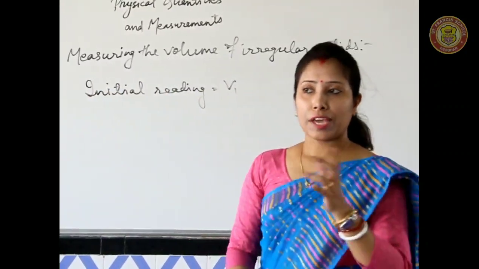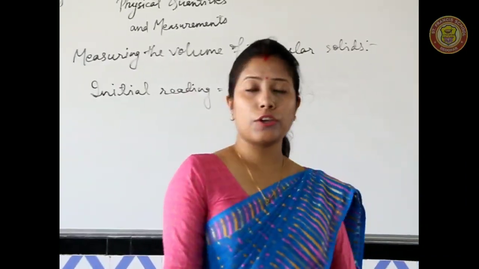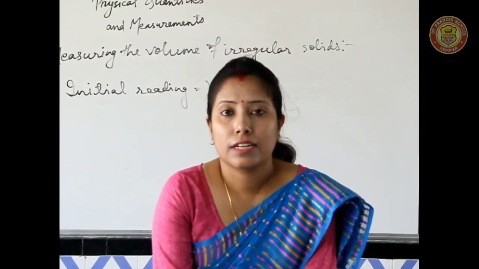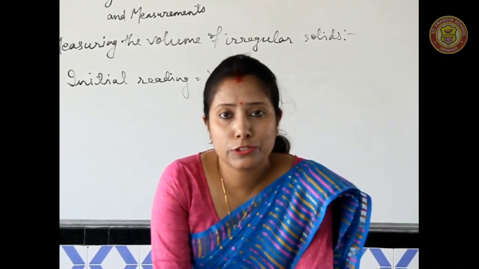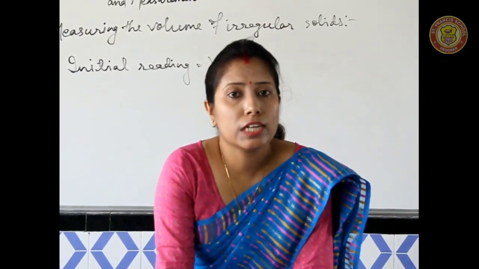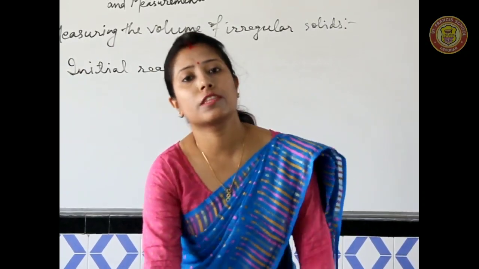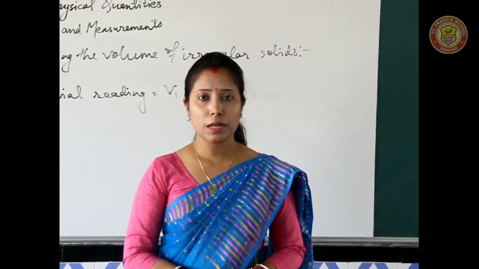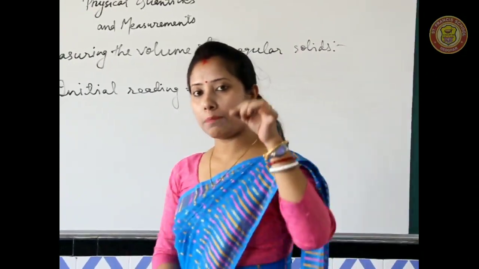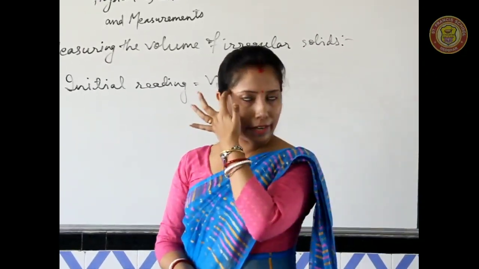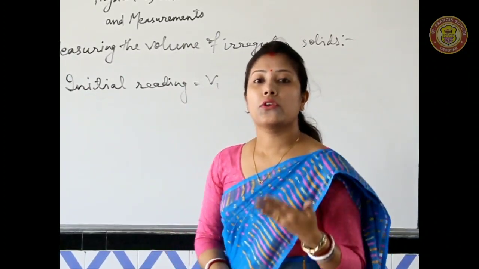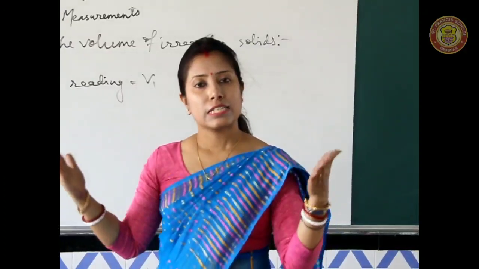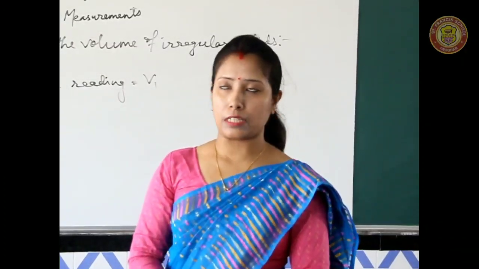Next, we have taken a stone. Now you will tie that stone with a thread and dip it in the measuring cylinder without touching the walls of the measuring cylinder and also the base of the cylinder. When you are dipping the stone tied with the thread, don't touch the base or the sides of the measuring cylinder.